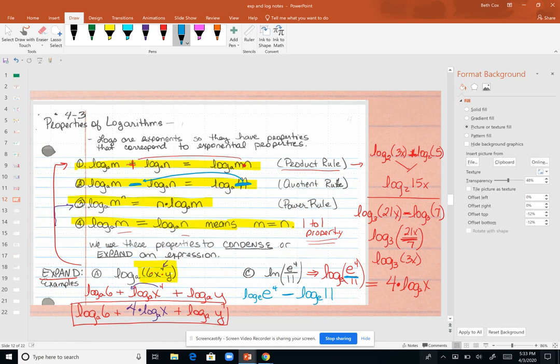Now, this other little thing, the same one we did a minute ago with the little exponent, property 3, where we take the exponent and it goes in the front. So this exponent is going to go to the front. So this is going to be 4 log base E of E minus log base E of 11.